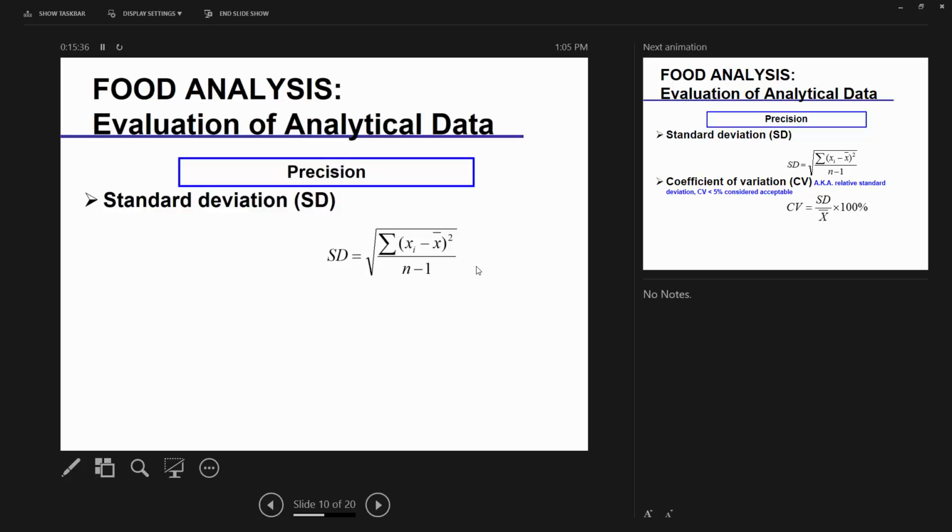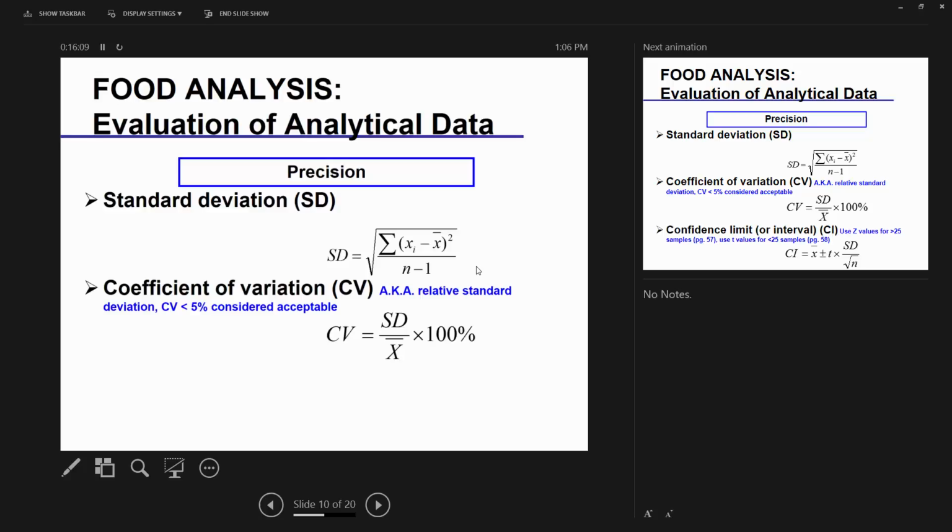So standard deviation is the square root of the sum of the difference between each value and the mean. So this would be your mean. It has a bar here, but that's your average, and that's any one of your replications. And n is your number of replications. So if you have a 4, then n minus 1 is a 3, and so on. It's a really simple equation to remember, not that hard.